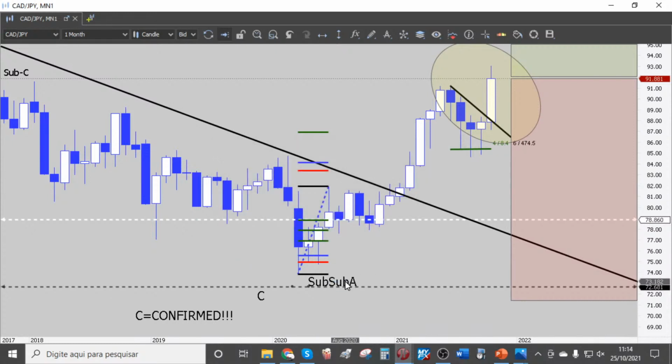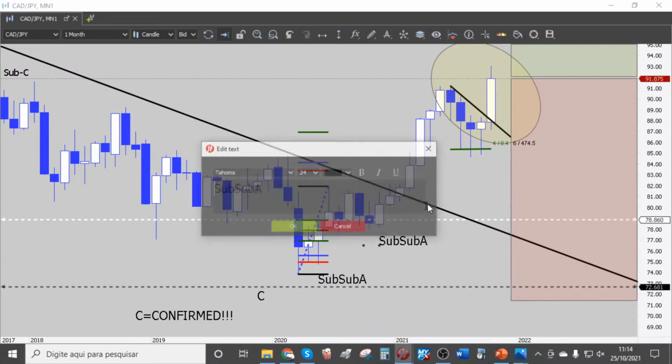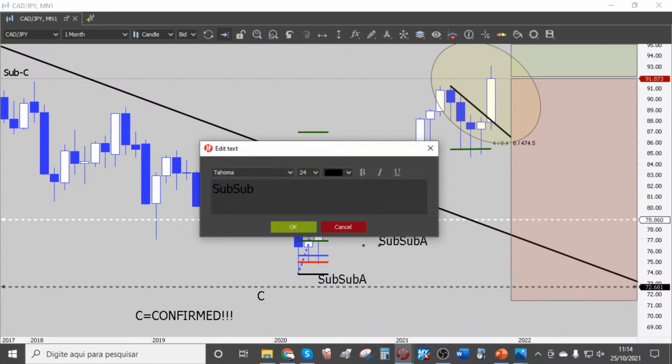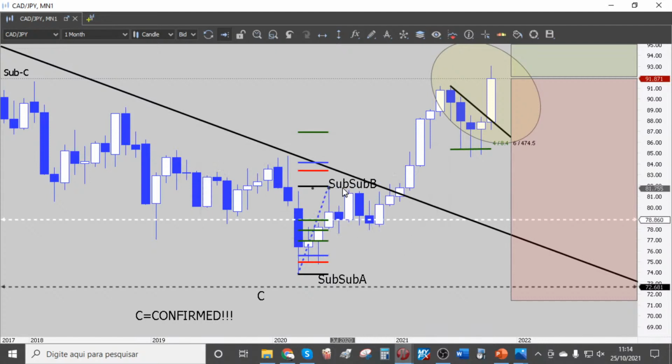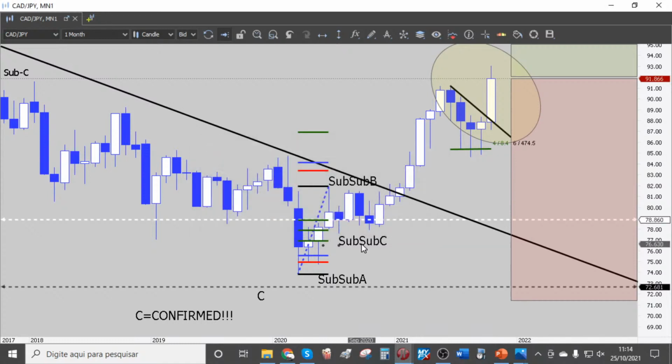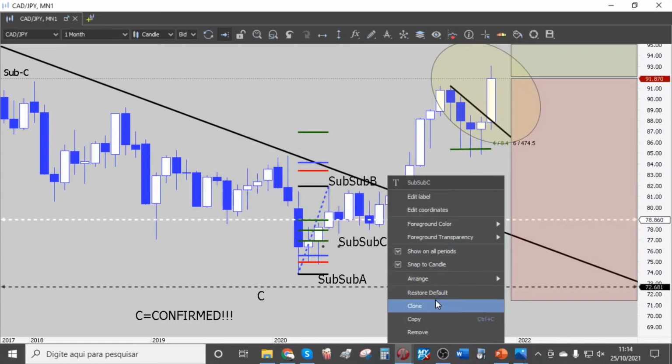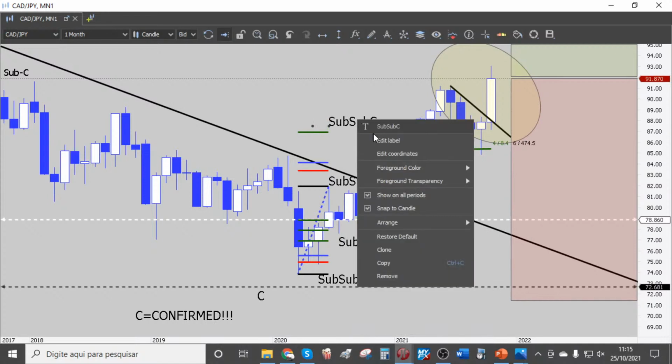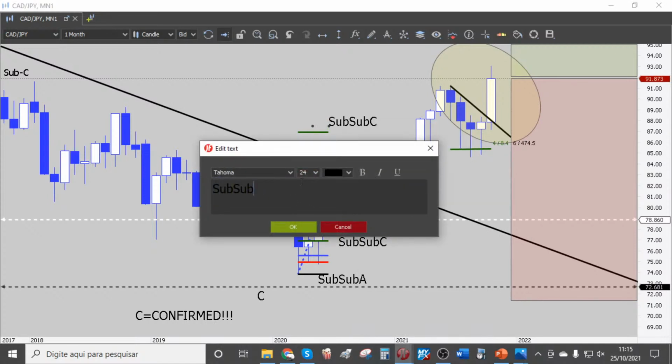Because the Fibonacci can have multiple sub swings, everybody. Sub A, sub B, clone, sub C, edit label, sub C, and clone up in here, edit label, sub D.